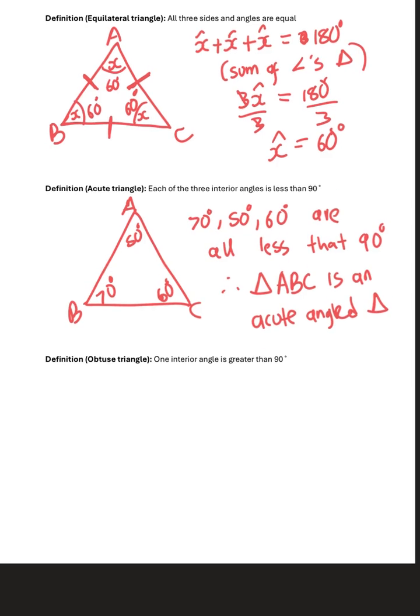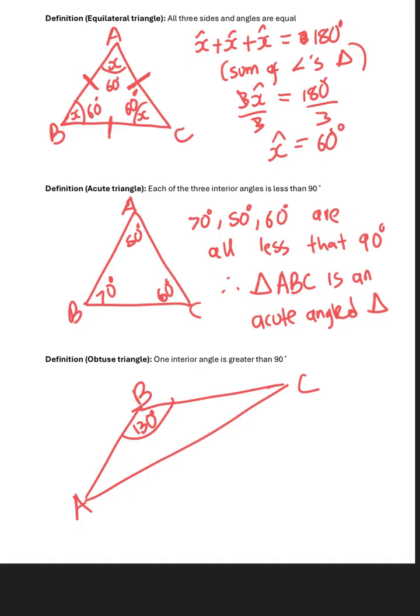And then an obtuse angled triangle is a triangle where one interior angle is greater than 90. So in this situation, we can have this triangle A, B, C. And then in this triangle, we can, for example, have an angle here that is 130.